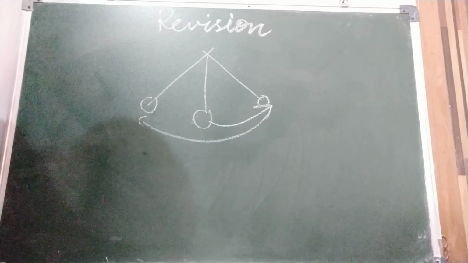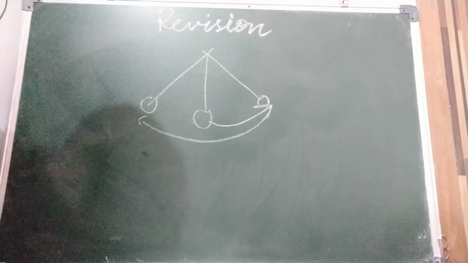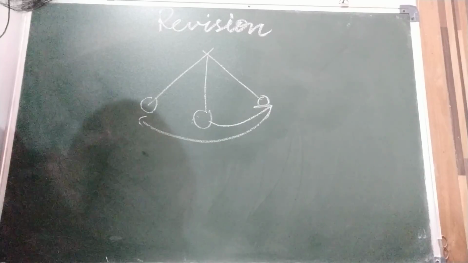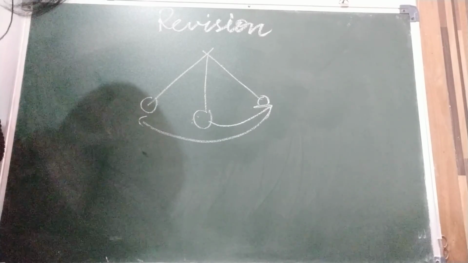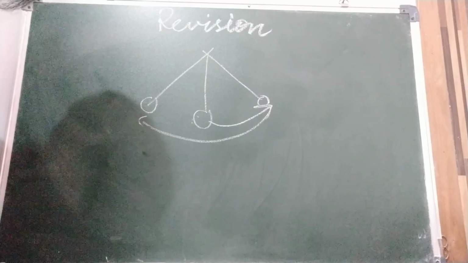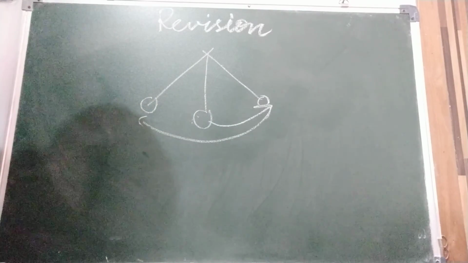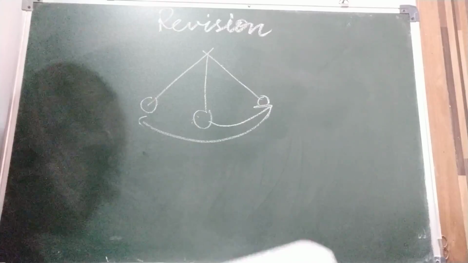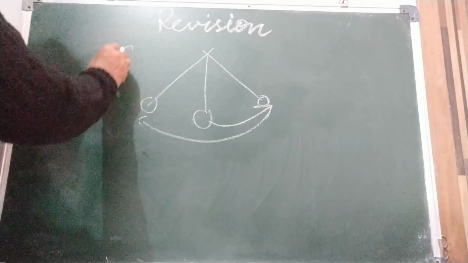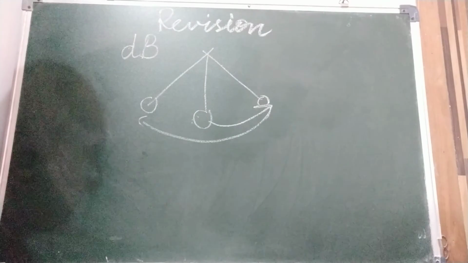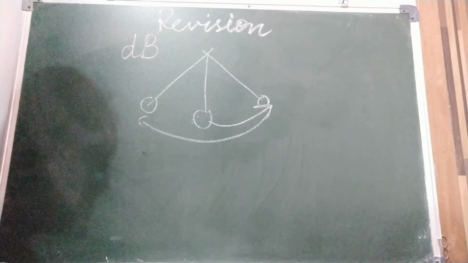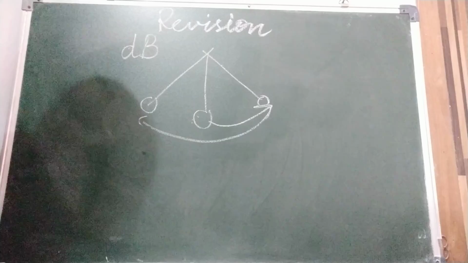Children, what is noise? An unpleasant disturbing sound, especially one that is loud, is called noise. The unit used to measure loudness of sound is called decibel, and we write it as dB. What are the major sources of noise pollution?